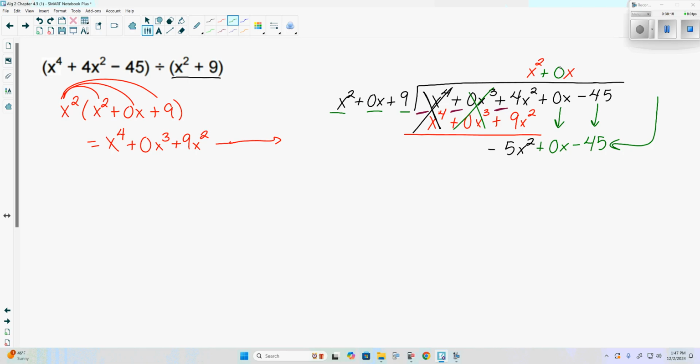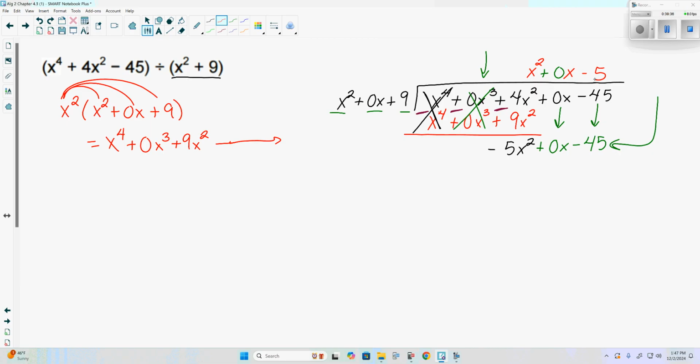So really, if that first term and the second term become 0, we can zero it out, but we have to bring down another term. Instead of 1, we bring down 2. Now, what times x squared gives us negative 5x squared? Negative 5.